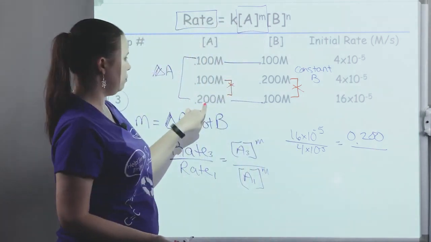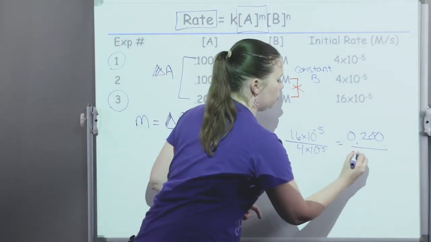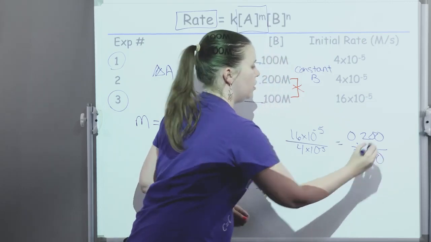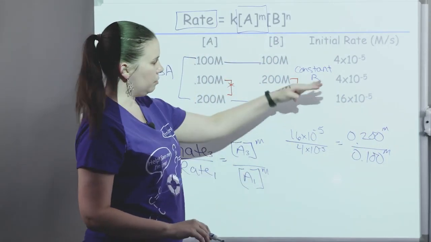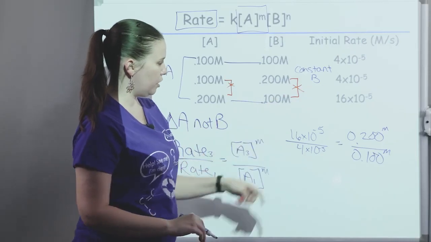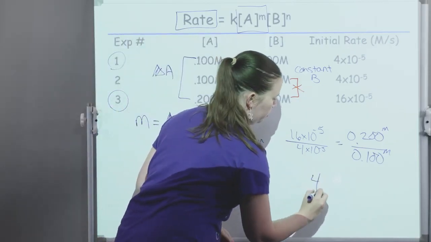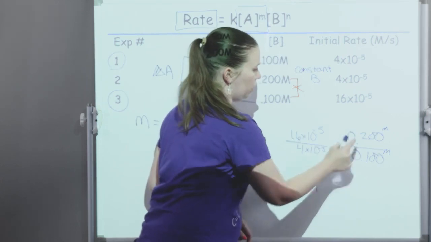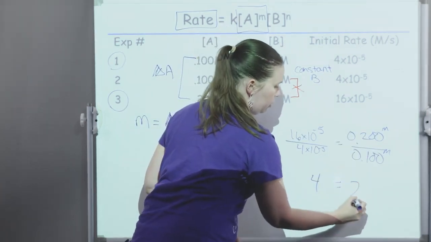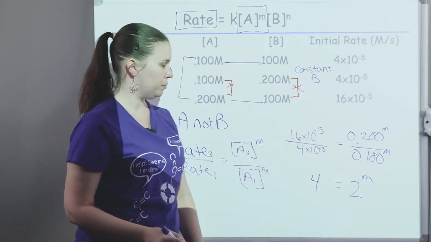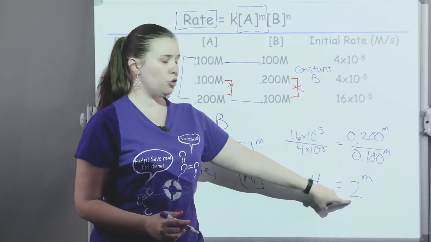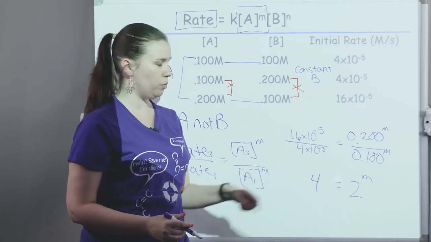And the concentration for 1 was 0.100. Let's not forget that we are trying to find M. So now I'm going to simplify this. 16 divided by 4 is 4. And 2 divided by 1 is 2. But that was to the M power. So what I need to figure out is 2 to what power is 4.